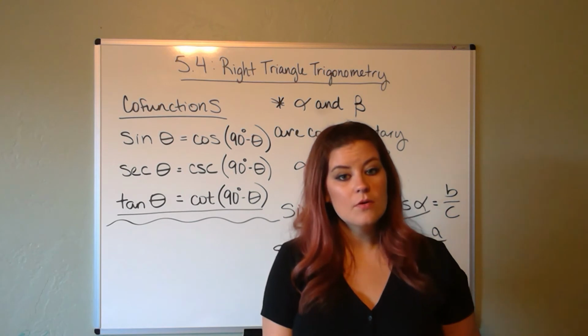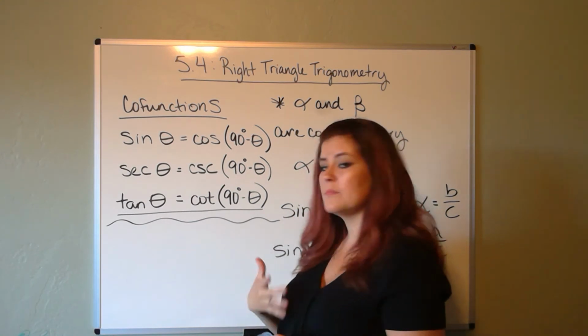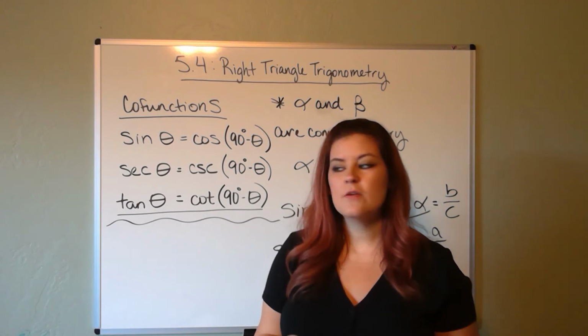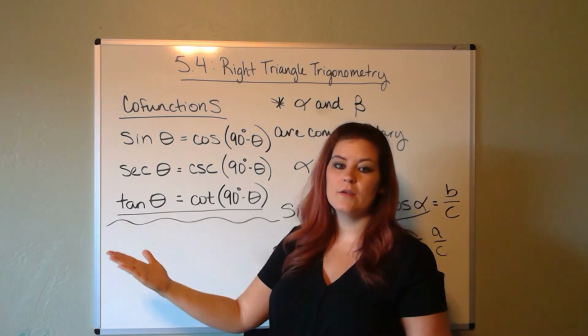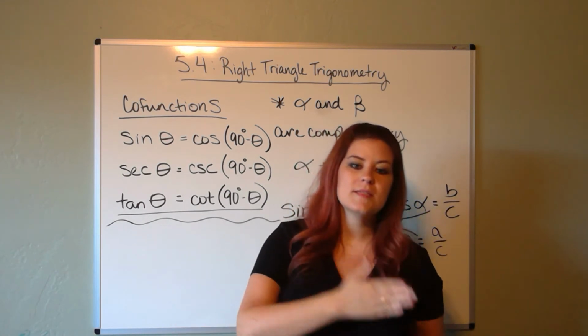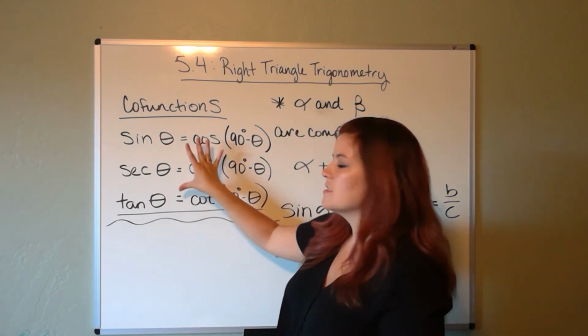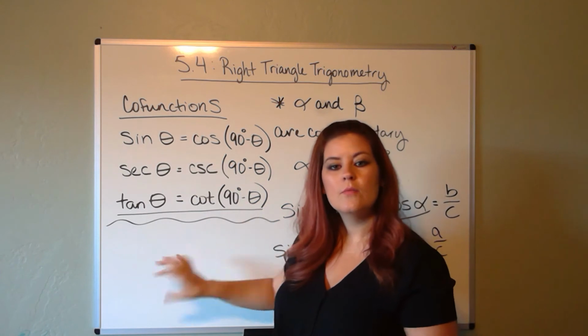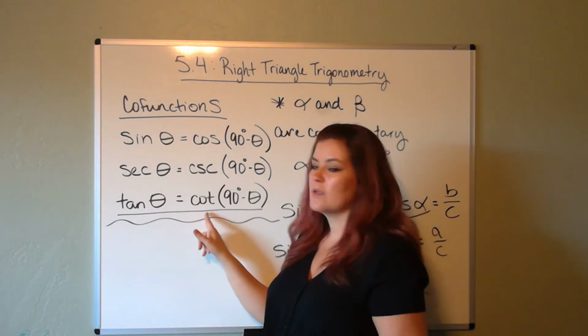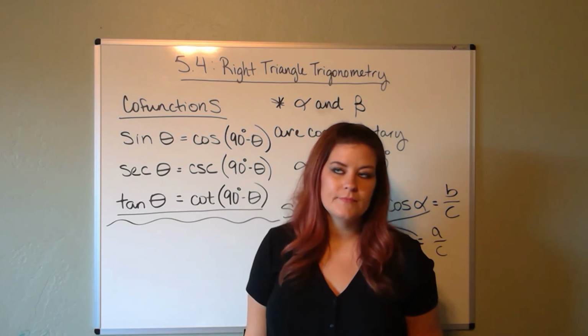And in the reciprocal pairs, they have different root words. So with the reciprocal, sine goes with cosecant, and cosine goes with secant. So cofunctions have the same root word. Reciprocal pairs have different root words, with the exception of tangent and cotangent, which are the same either way.